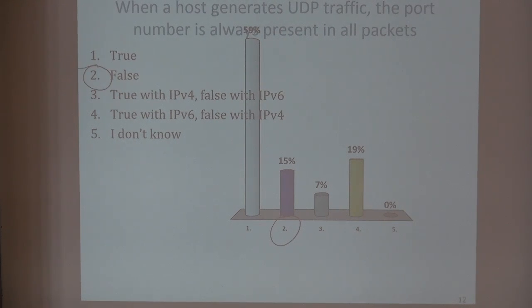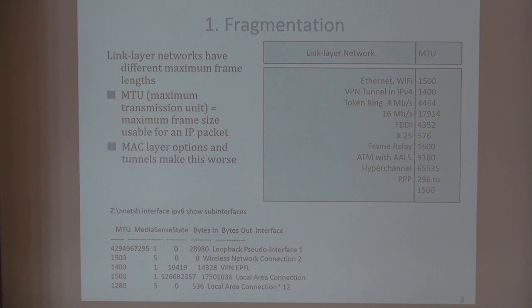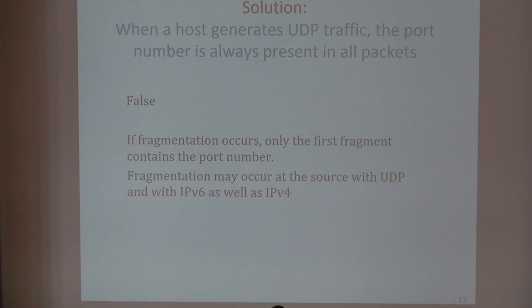Why is that? Fragmentation is done at the IP layer, so UDP writes a UDP header, puts the data, and passes that to the IP layer. If the IP layer does fragmentation, the UDP header is in the first packet, and the rest doesn't contain the UDP header.